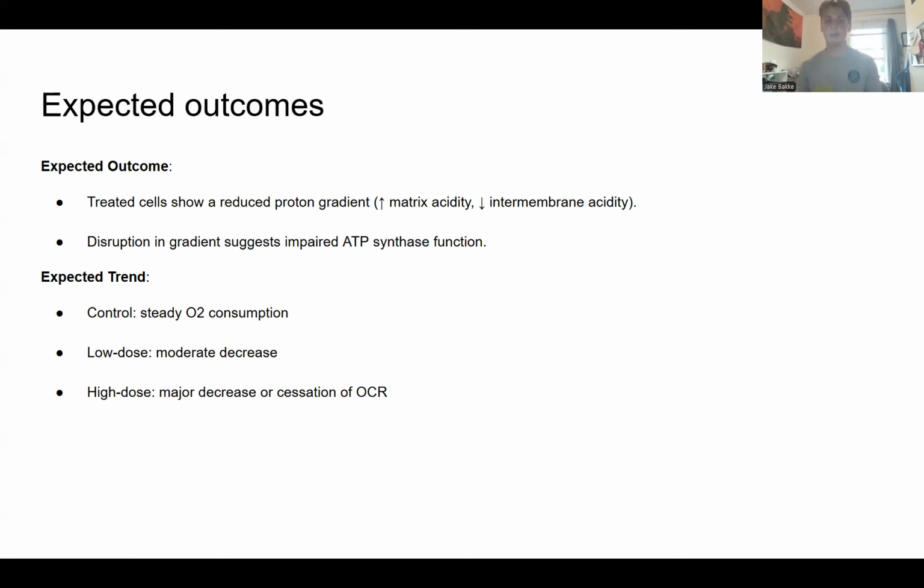And then the high dose, we would expect a very major decrease in oxygen usage or a complete stop of the oxygen consumption rate. So yeah, this is what my research was on, and this would help us determine the effects of amiodarone on liver cell death.